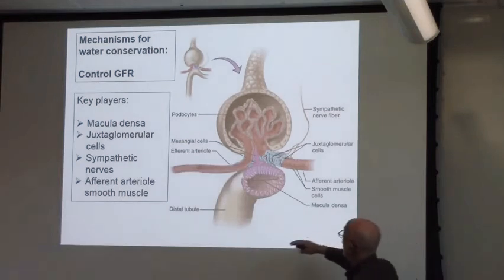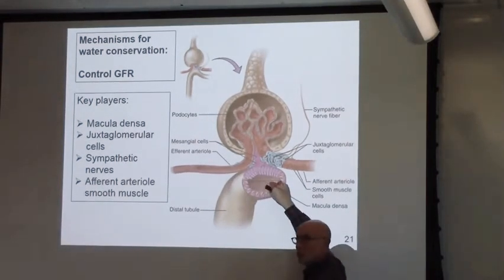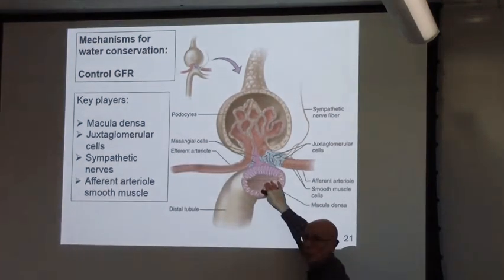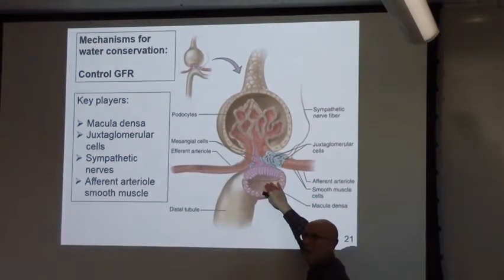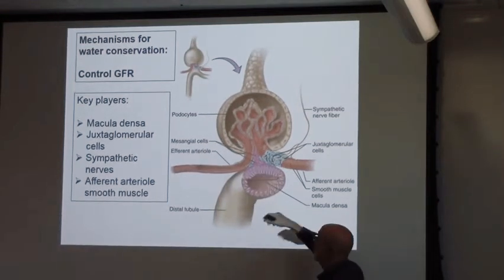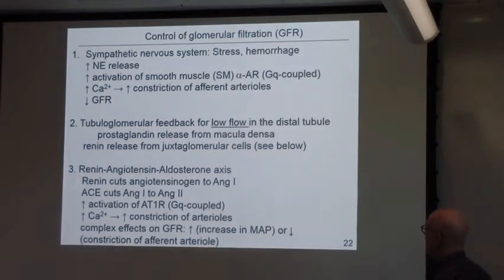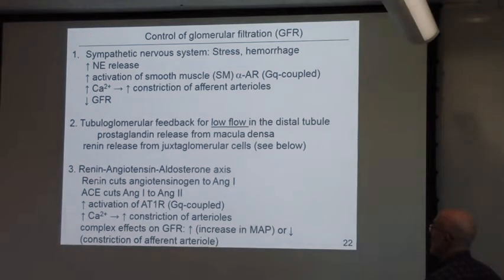Tubuloglomerular feedback. If the fluid coming into the distal tubule, if there isn't very much of it, remember, the fluid coming into the distal tubule is already hypotonic, then there are receptors here in the macula densa that tell the juxtaglomerular cells to make renin. And now we've done this story. Renin is a hormone enzyme that cuts angiotensinogen from the liver into angiotensin 1.